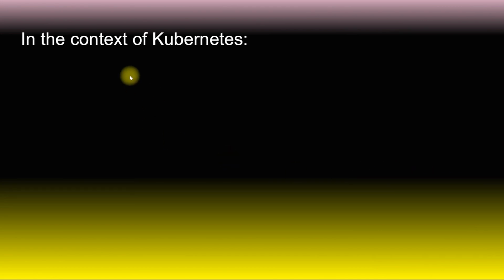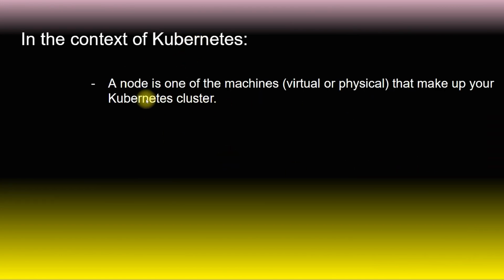Now, in the context of Kubernetes, a node is one of the machines, virtual or physical, that makes up your Kubernetes cluster.